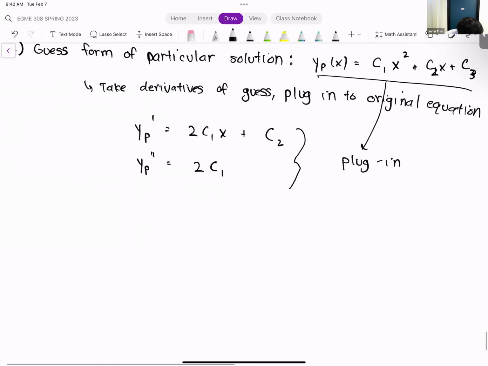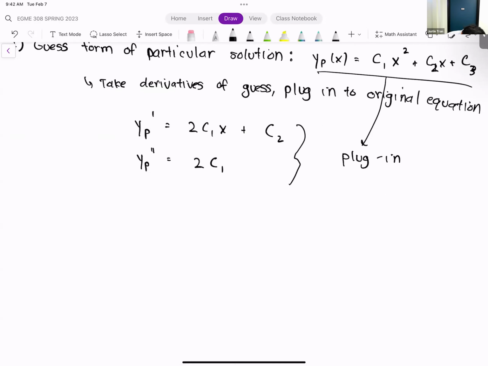All right, so let's take these and plug them in. Let me write out our original equation again. So our original equation is y double prime plus y equal to 0.001x squared. Okay. Let's go ahead and plug this in.